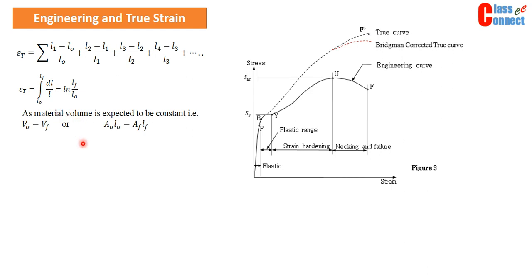As the material volume is expected to be constant, we can find the relation of true strain in terms of areas, that is the natural log of the ratio of A naught over AF, where AF is the final area and A naught is the original area.